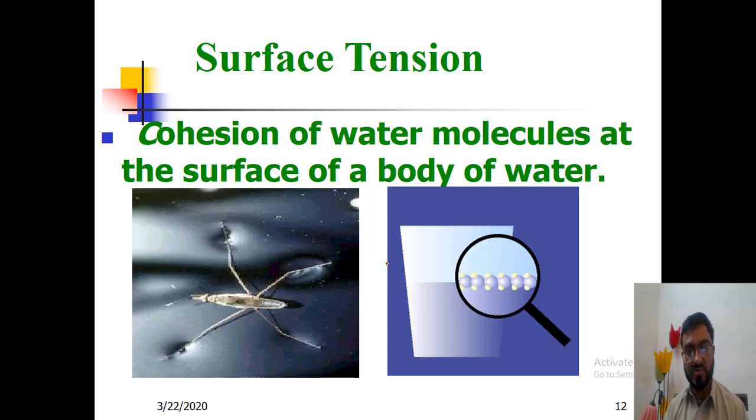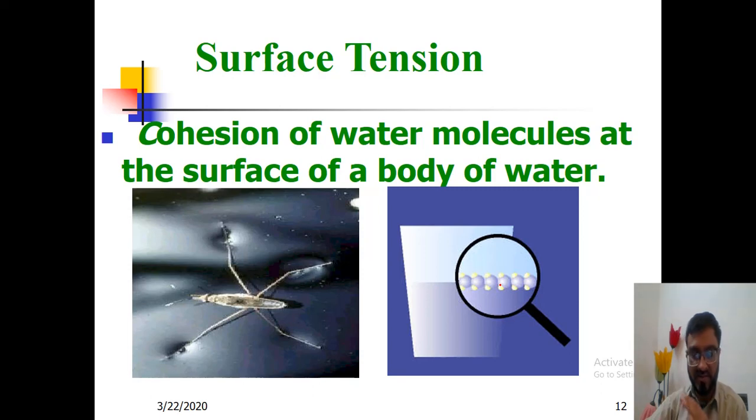And another property is the surface tension. You may observe that it's difficult to insert something on the surface of the water. Because the water molecules are held together by the hydrogen forces, and these are very strong forces that require some additional force to enter things through the surface.